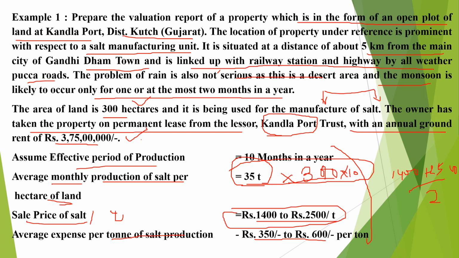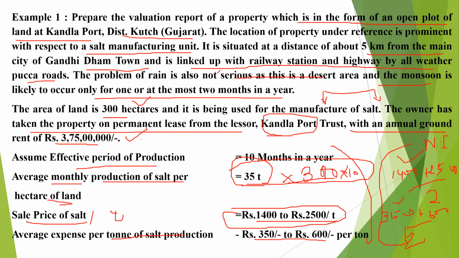Similarly, you can calculate the expenditure. You will take the average of 350 and 600. That will give you the average expenditure. So from the average income, you will calculate the average expenditure. That will give you net income per ton.